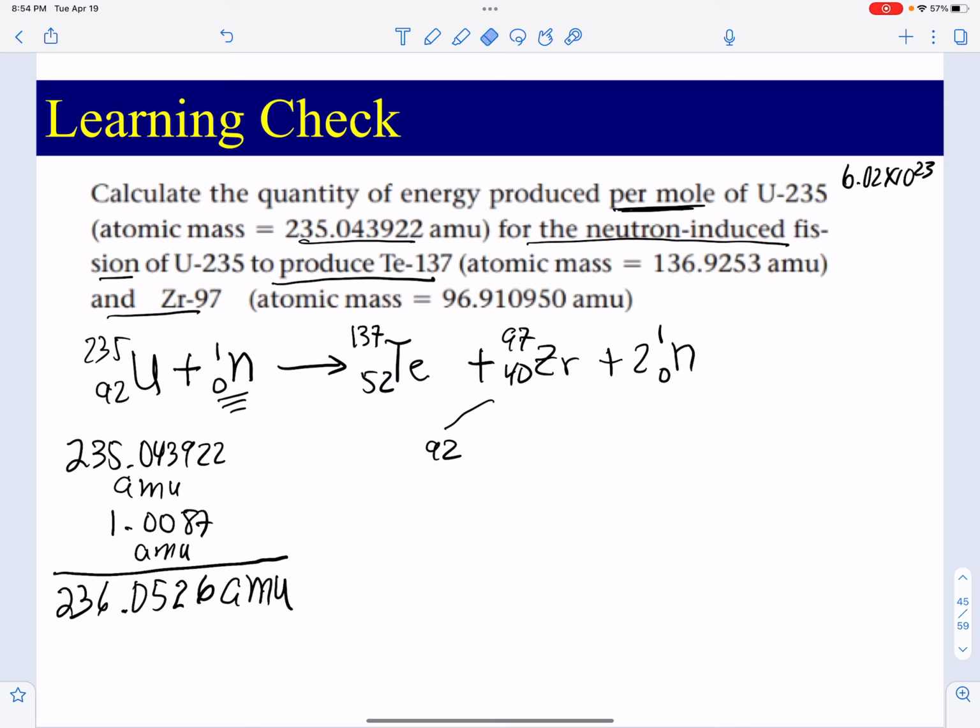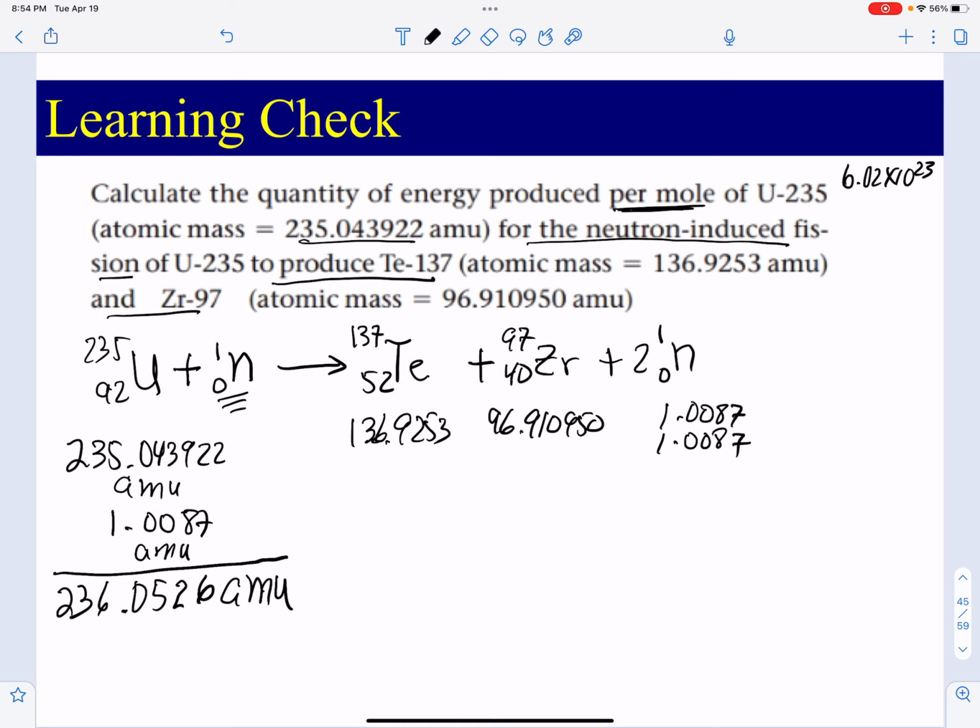My right side is going to be, it's telling me that tellurium is going to be 136.9253. Zirconium is going to be 96.90950. And a neutron is 1.0087, but there's two of them.